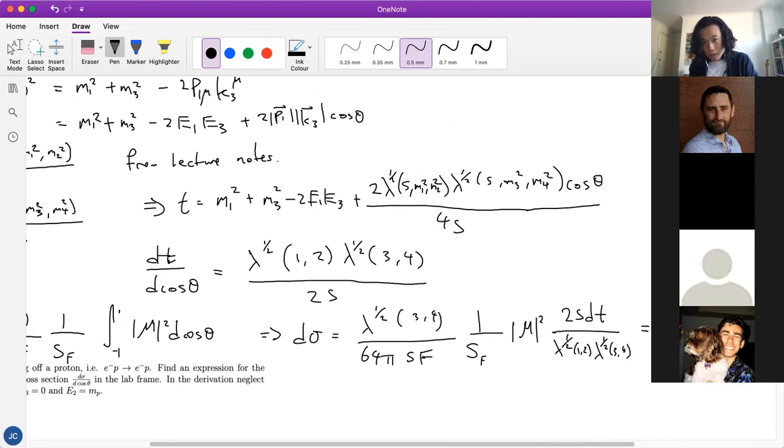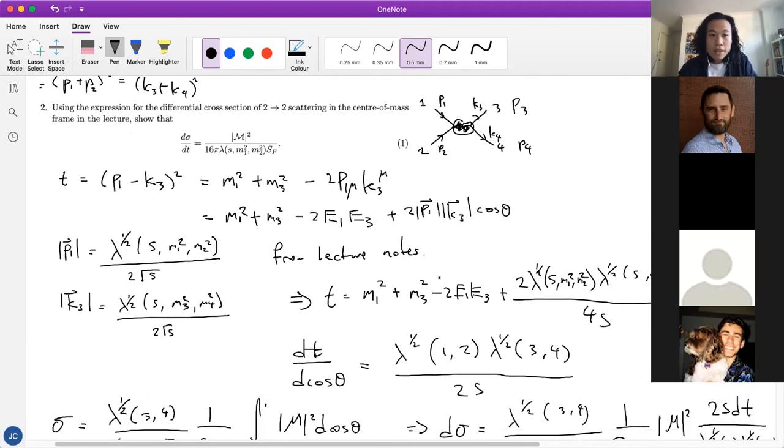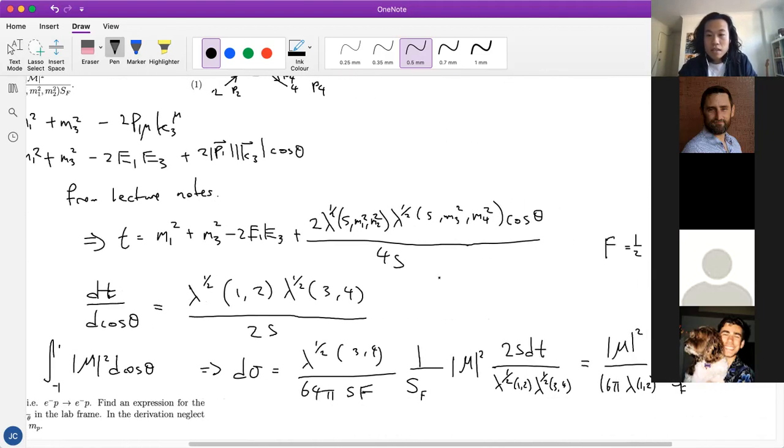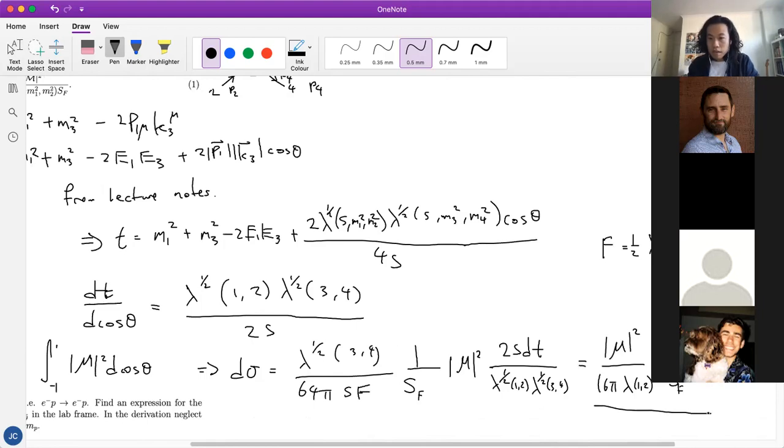So 1 power of a half of lambda 1, 2 from this d cos theta term we had before, and another lambda half 1, 2 from this f factor. So altogether, that gives you one power of lambda, and then dt over SF. The S canceled out with this S, and everything else checks out. So I think that was what we're meant to get. Yeah, there we go. So that's the final answer for the decay width.